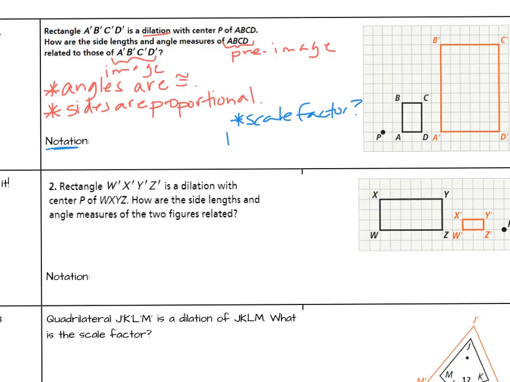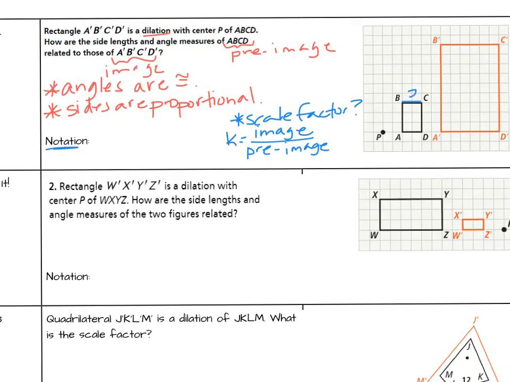Remember, by definition, scale factor is image divided by pre-image. Now, it shouldn't matter what pair of sides we compare, as long as it's the same pre-image letters and image letters. For example, if I say segment BC right here, that would be my pre-image.